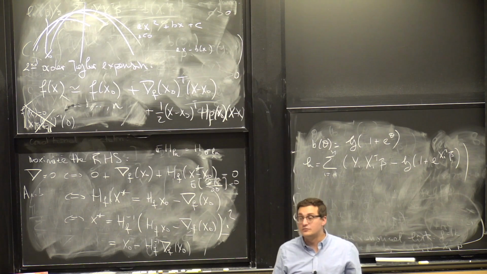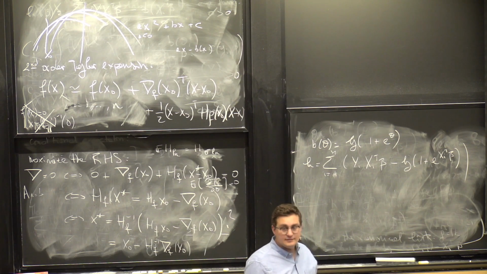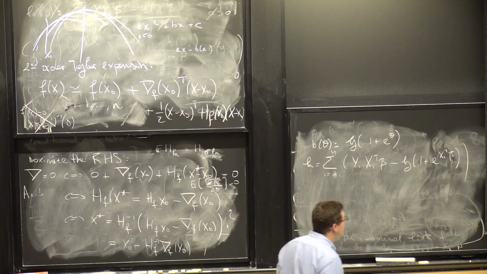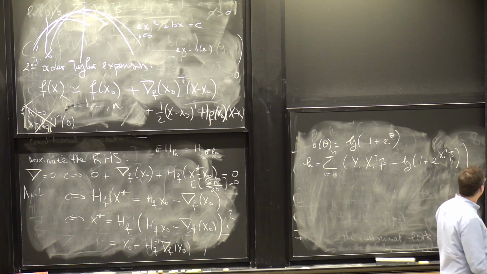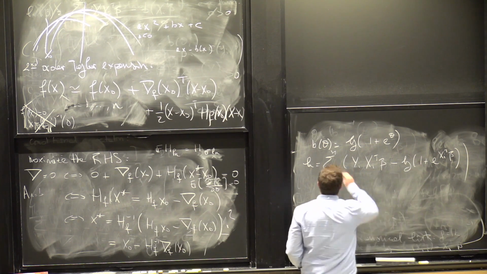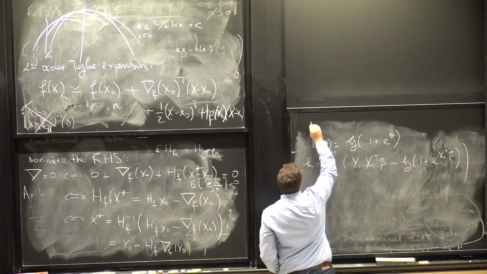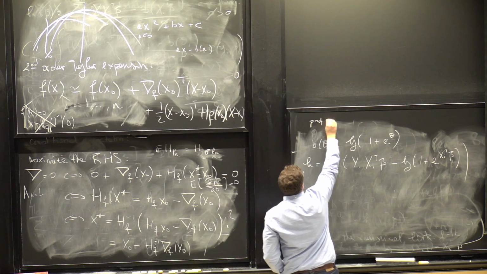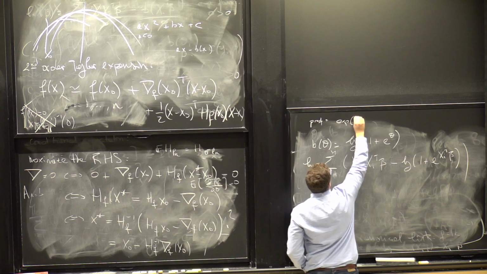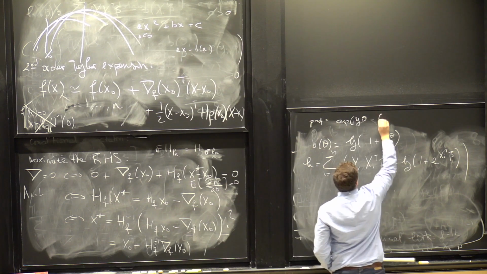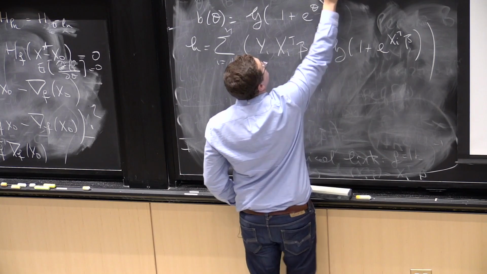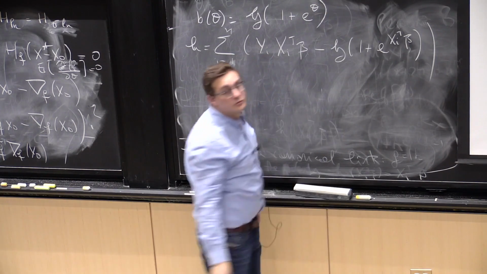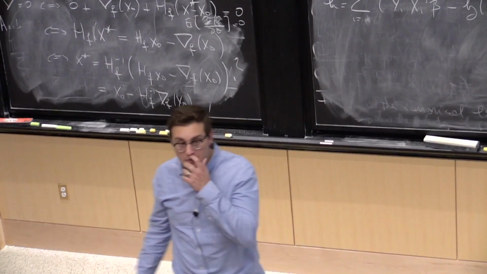And phi for this guy is equal to 1. Is it clear for everyone what I did? OK, so this, remember, the density, right? So that was really just, so the PMF was exponential y theta minus log 1 plus e to the theta. There was actually no normalization. That's just the density of a Bernoulli.